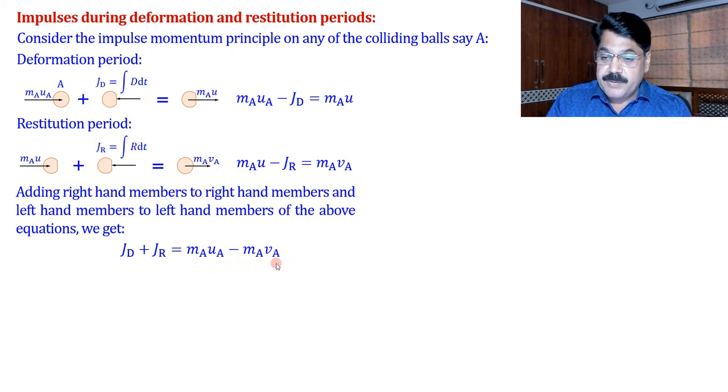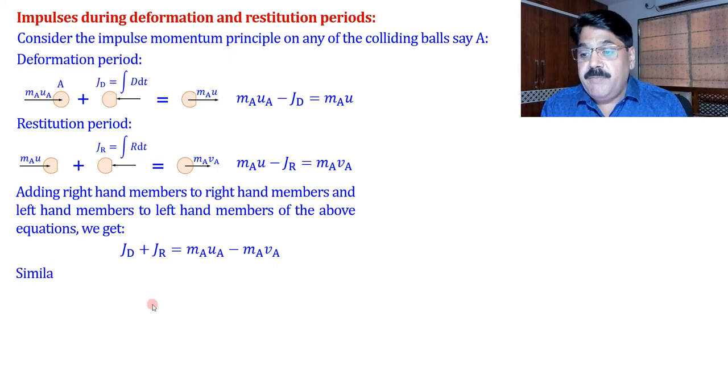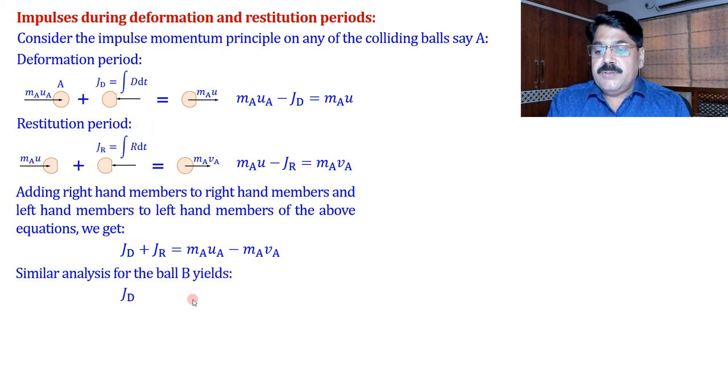So the total impulse during collision decreases the momentum of ball A. Similarly, we can write for ball B. Exactly similar analysis we can follow, and what do we get? J_D plus J_R is equal to M_B V_B minus M_B U_B. What it shows is that this impulse increases momentum. It is another way of interpreting momentum conservation.